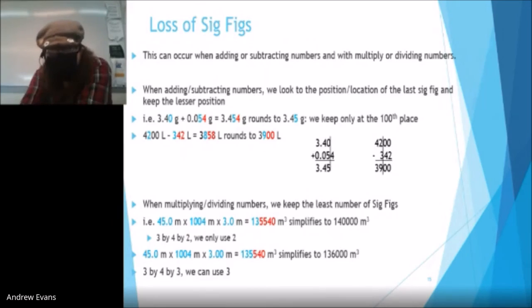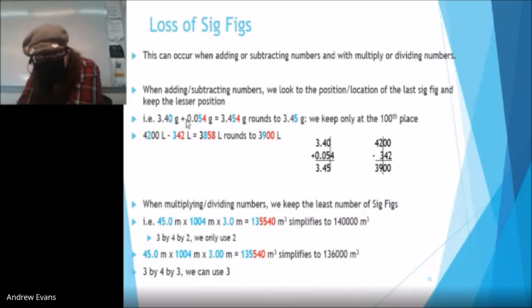But see here, I've lined up 3.40 and 0.054. If you do the math, just punch it into your calculator, you get 3.454. But that last 4 is an artifact, because every time you don't have a number there, that is an uncertain number. It's like a big question mark. It's like a stinky question mark. We don't know what that is.